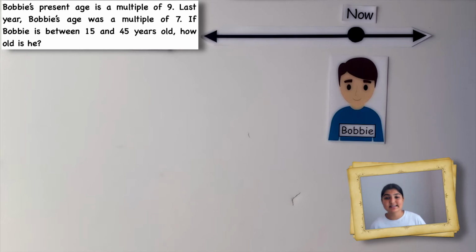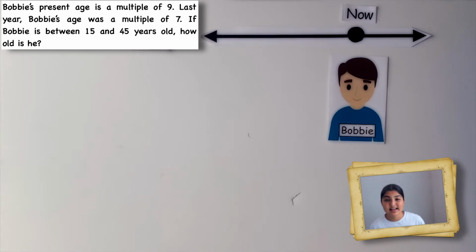Well, this is what the question is asking. The problem also tells us that Bobbie's age now is a multiple of 9, and that he is between 15 and 45 years old.